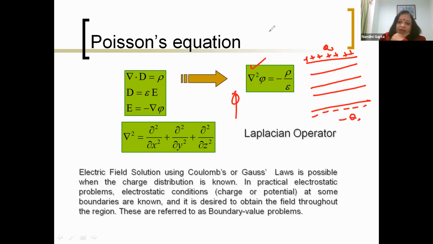In this case, it's simple. We know that we will get equipotentials. And after getting the potential, if we find E as minus grad phi, I will get the field lines. So basically, by solving Poisson's equation, I am able to map the electrostatic fields in a dielectric.